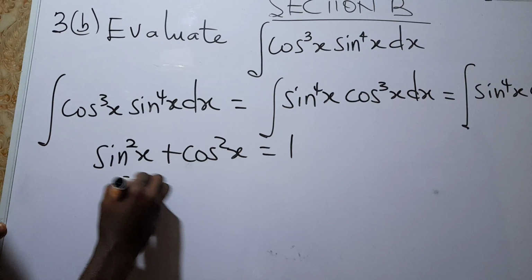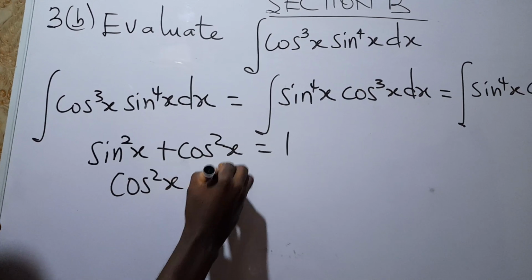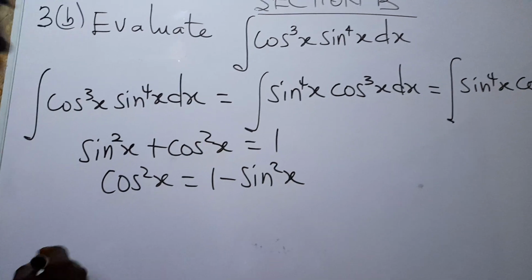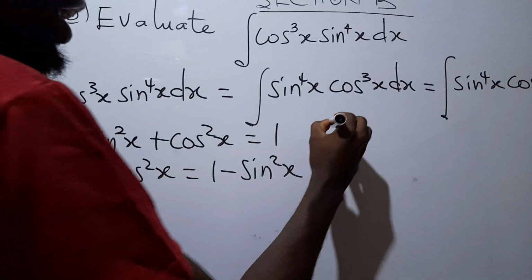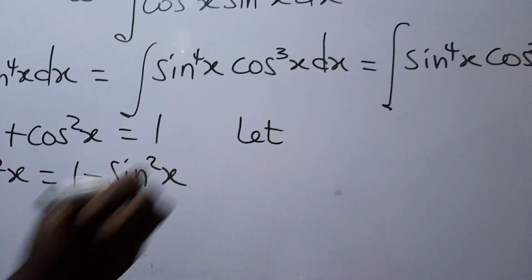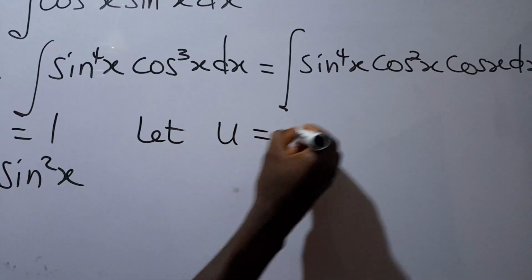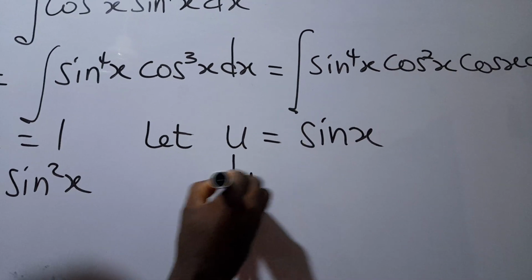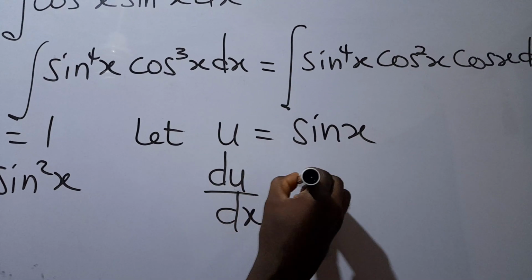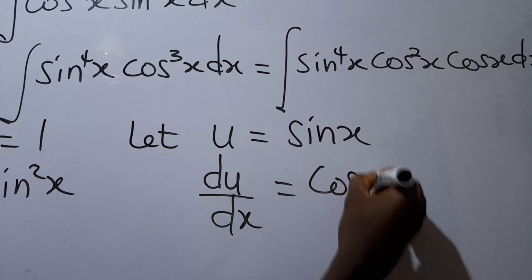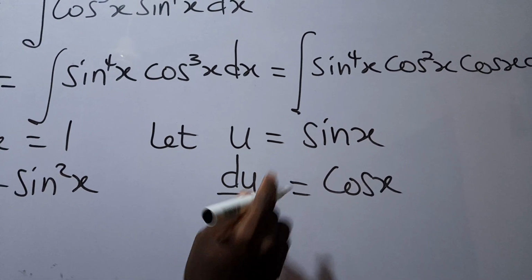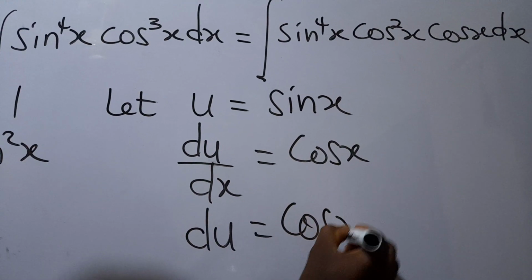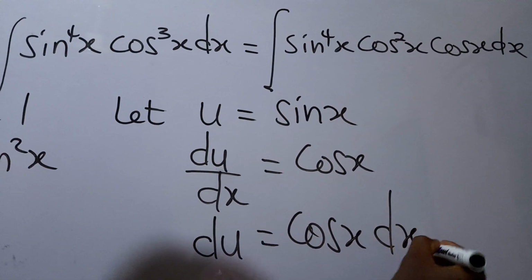So we know that our cos²x is equal to 1 minus sin²x. So we'll let u be equal to sin x. So our du/dx will be equal to cos x. Remember that. Then we'll make du the subject. du will be equal to cos x dx.